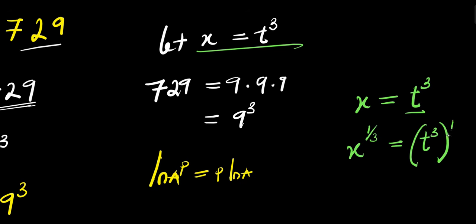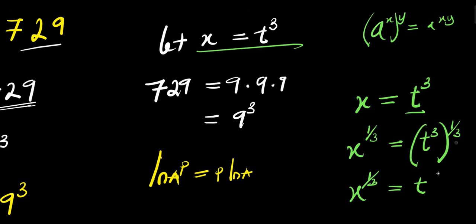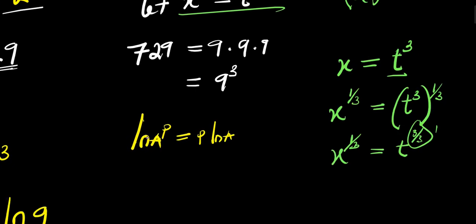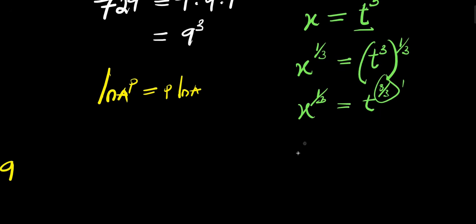If you have a power x to the power of y, this equals a power x times y. So x power 1 over 3 equals t power 3 times 1 over 3, that is 3 over 3. This divided, we have 1. So x power 1 over 3 equals t.